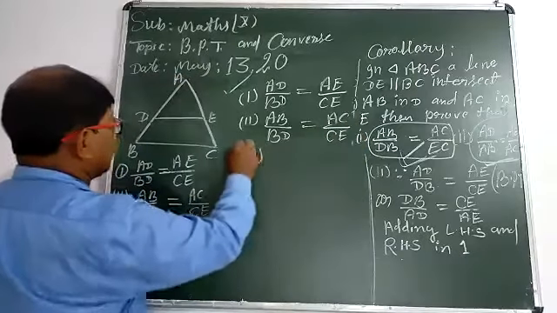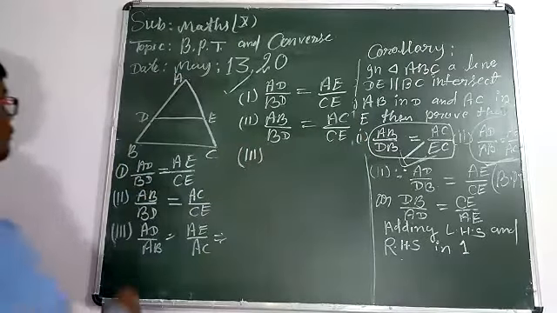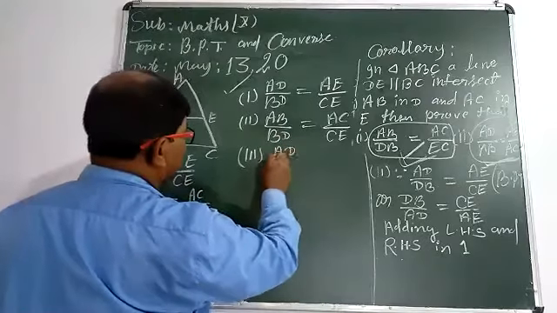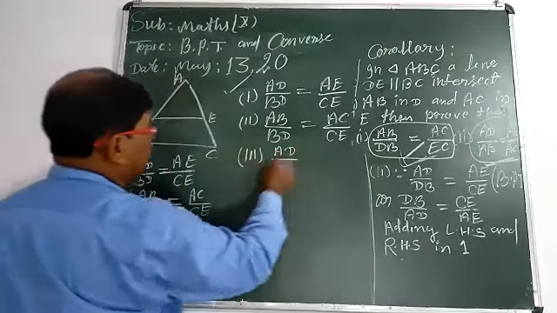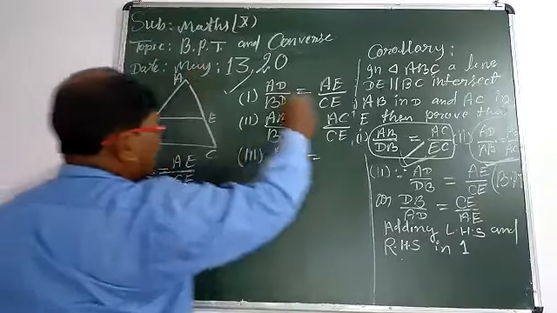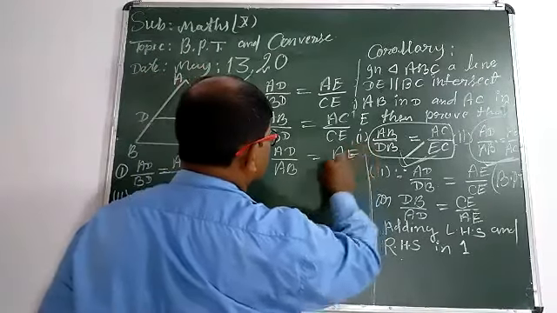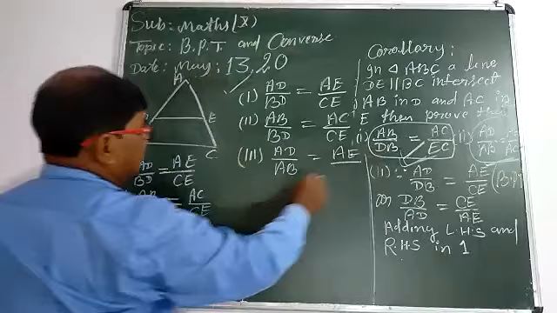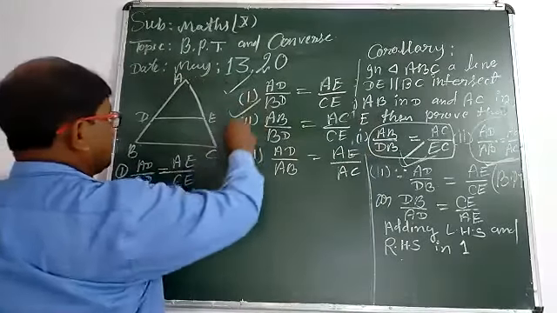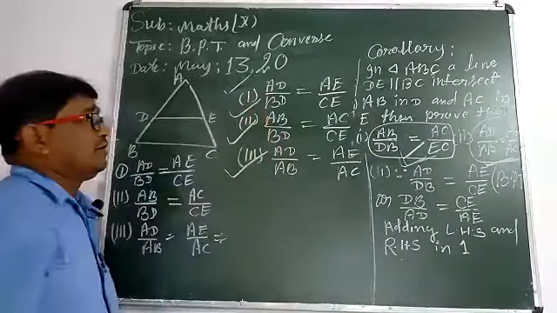Second corollary is AD, second intercept, AD upon AB equal to AE upon AC. Okay? These three are formulas.